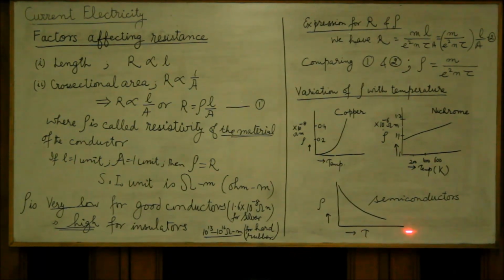On the other hand, in semiconductors, the resistivity falls rapidly with rise in temperature. The reason is, in a semiconductor at 0 Kelvin, meaning very low temperature, we don't have any free charge carriers. Therefore, at 0 Kelvin, semiconductors like germanium and silicon act as insulators.